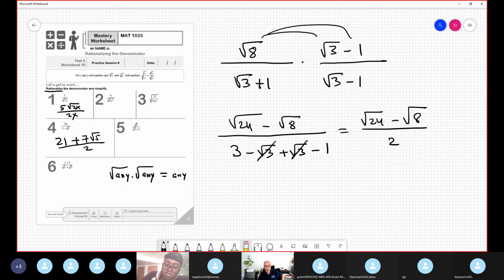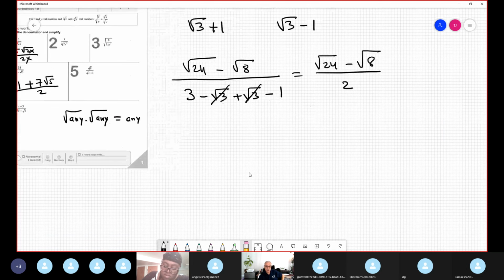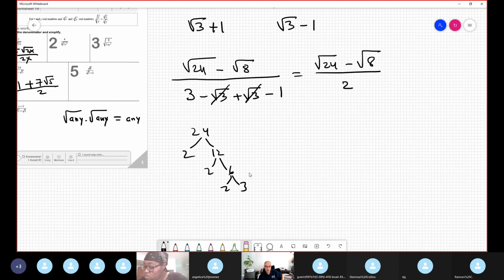And we can do something, yes. Let me check. 24 is divisible by 2, which is 12, divisible by 2, which is 6, divisible by 2, which is 3. A couple of 2s. Now we can simplify.